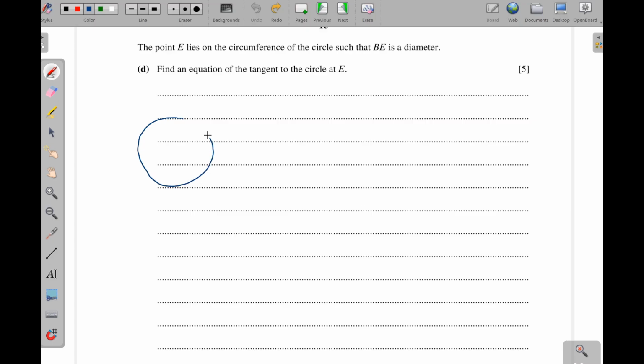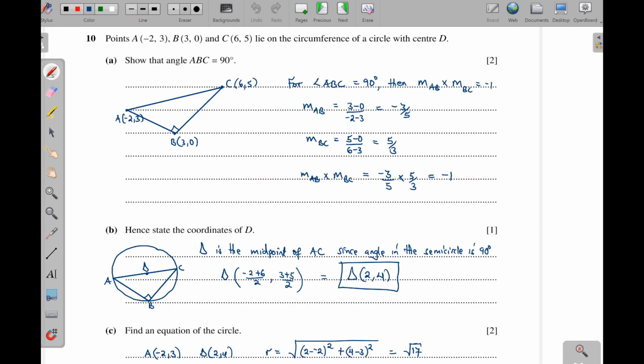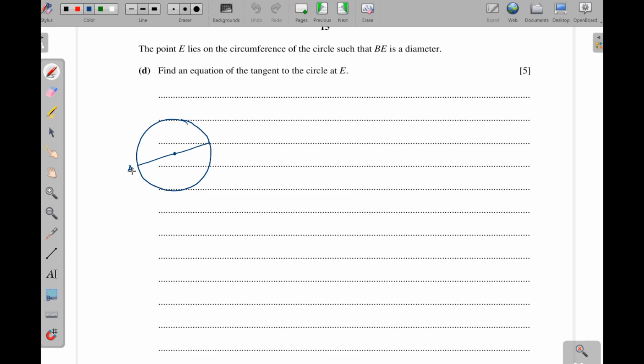Remember, the diameter can be this one, it can be this one, so long as it passes through the center of the circle. Okay, so already we have seen that we are having A here, which is negative 2, 3.